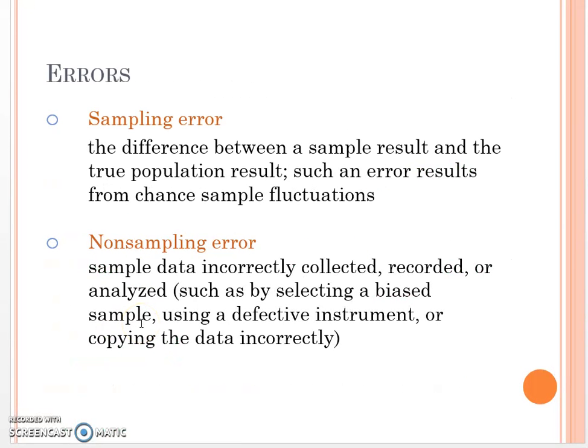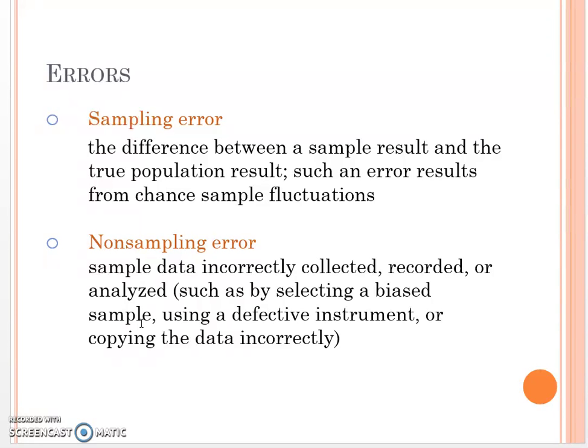The last piece of our introduction to statistics is the errors that we can get from the samples. They can be put into 2 kinds of errors. One is called sampling error, one is called non-sampling error. Sampling error basically talks about sample fluctuations, the difference between the actual sample results and the population results.